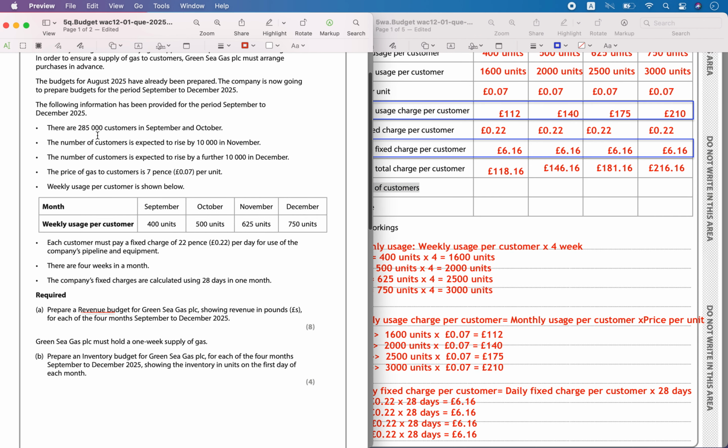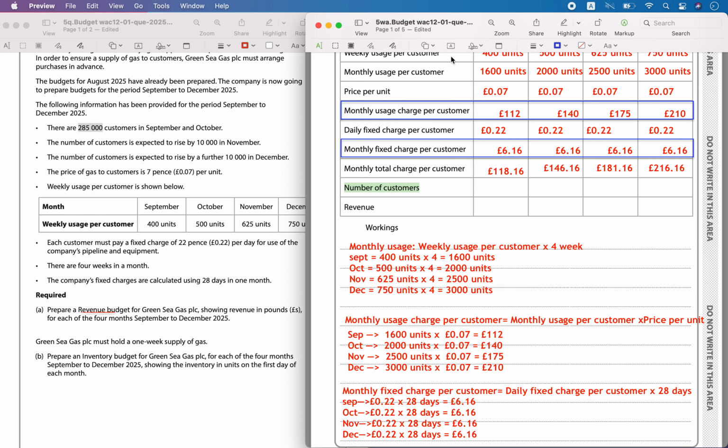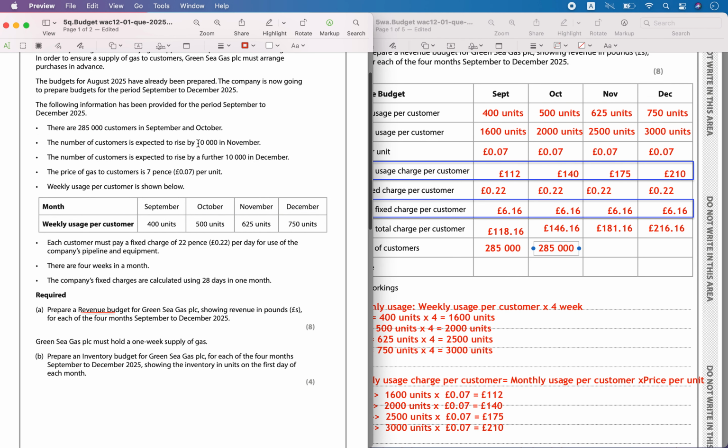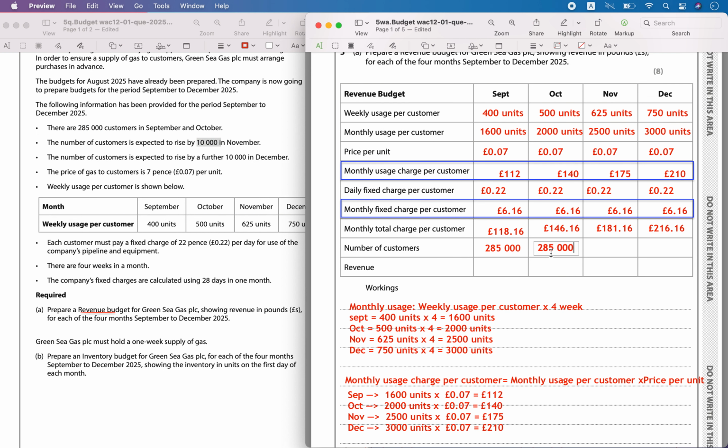Now let's write the number of customers. In September it is 285,000 customers, and the same number in October. For November it increases by 10,000, so it is 295,000 customers. And for December, it is 305,000 customers.